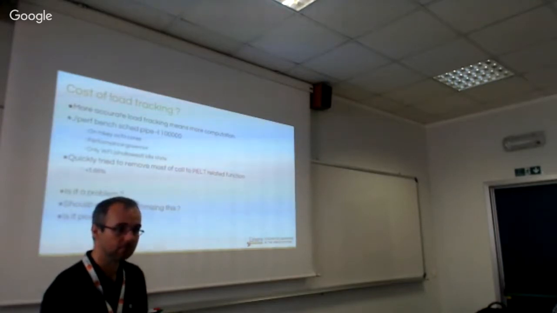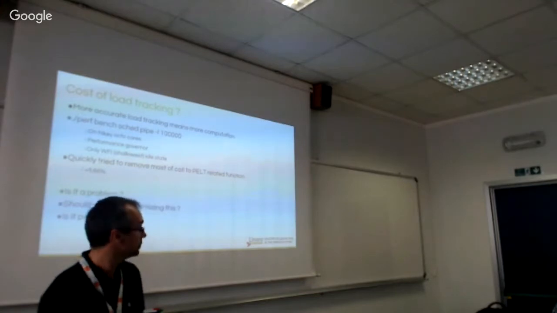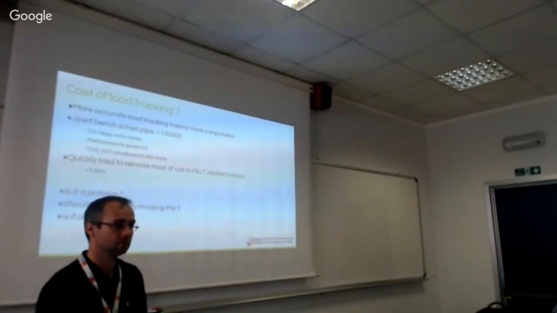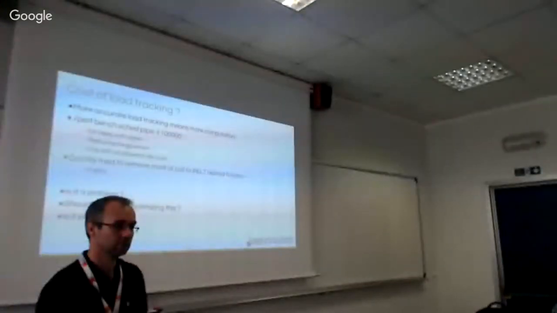So the original thinking behind this is that the load balancer works on increasingly larger groups of CPUs, and therefore having an increasingly longer term view of behavior makes sense.